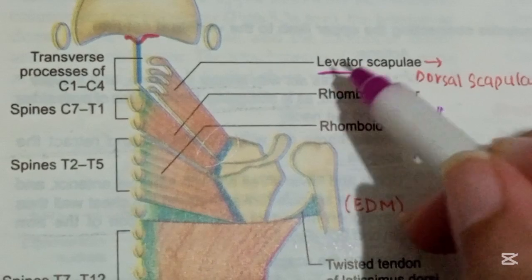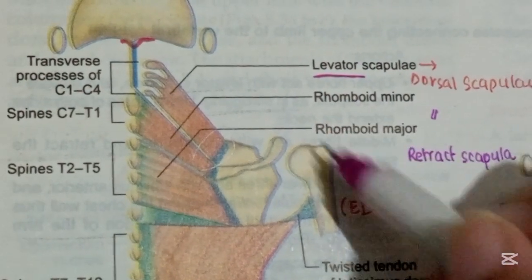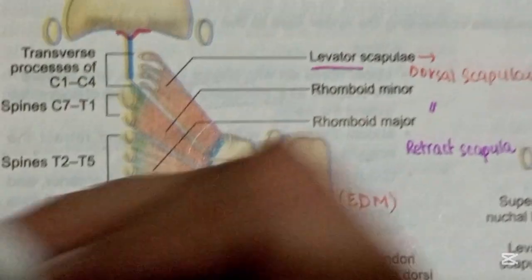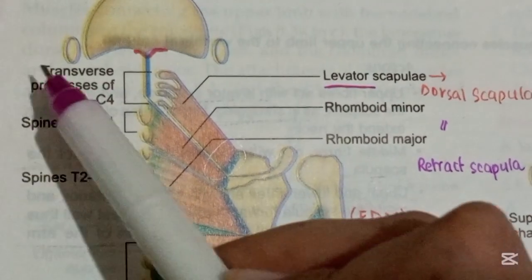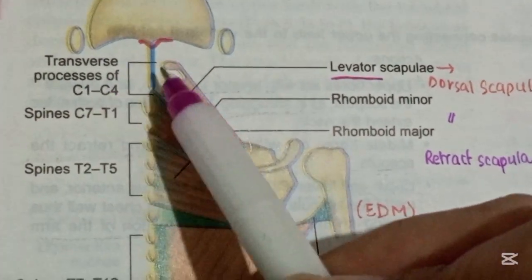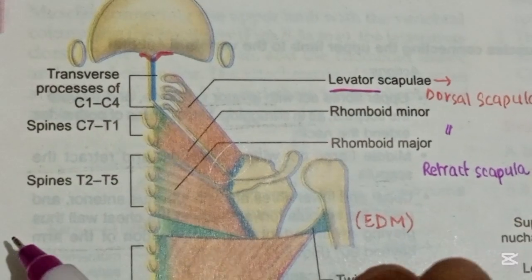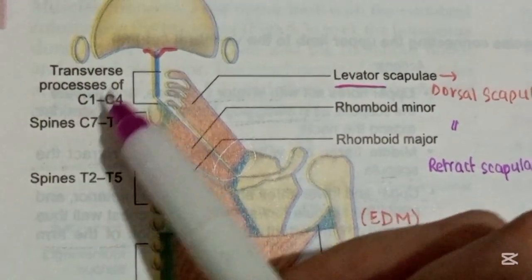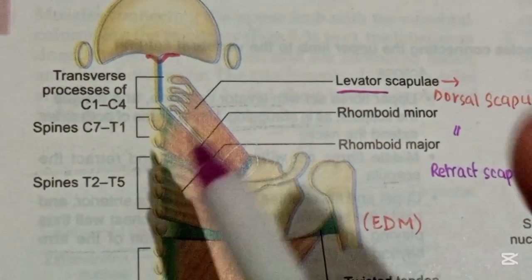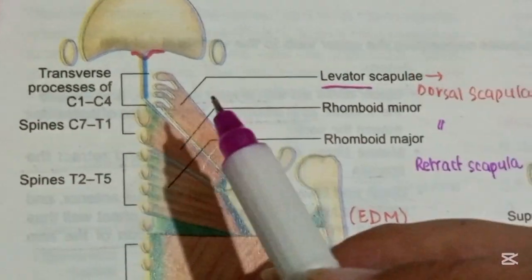Our levator scapulae, rhomboid minor and rhomboid major. So the levator scapulae muscle originates from the transverse processes of C1 to C4 vertebra, not from the spines. Our other muscles originate from the spines of the vertebra.